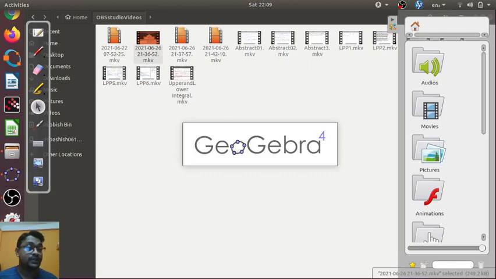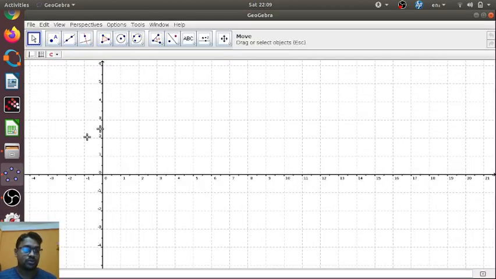That is why I told you that in your exams also you have to draw the diagrams very properly. So let us see. Here the markings are there, but I have to move it a little bit. How to move this? The axis.